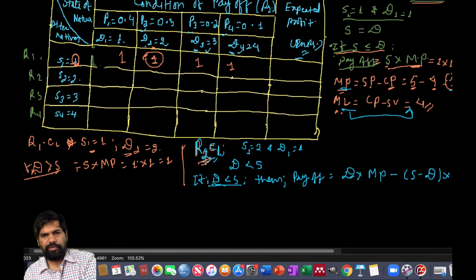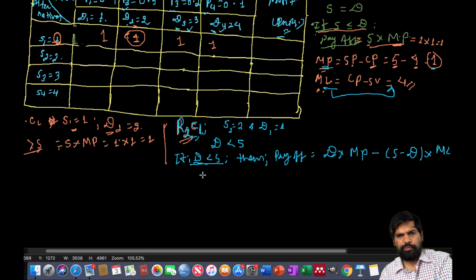So what is the value for row 2 and column first? We can use this concept. In row 2 we have supply equal to 2 and demand equal to 1.